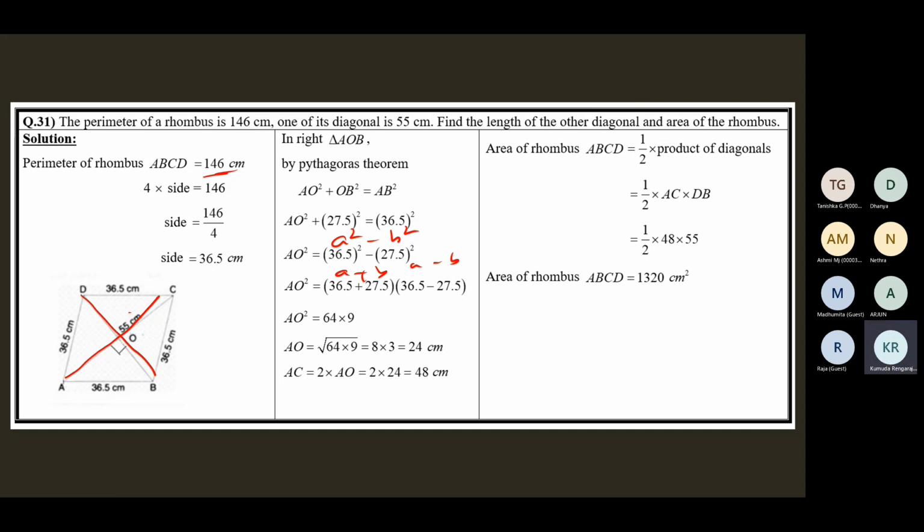AO is only half of the diagonal. So the other diagonal is 2 into 24, 48.